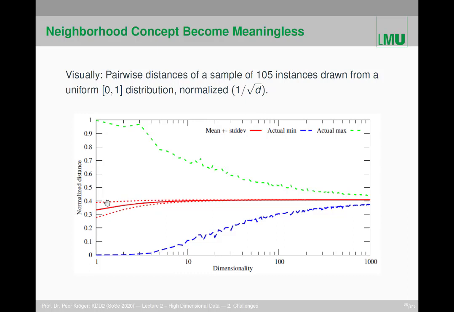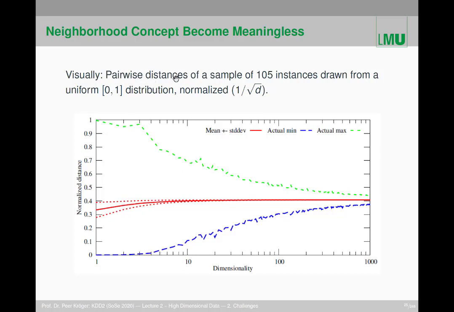We saw that the distances will grow by a factor of square root of d. So if we normalize it by 1 times this one here, it should be constant, which you can see more or less here. The solid red line is the mean, and the dashed line indicates the standard deviation. You see the standard deviation remains more or less constant, and the mean also, because of this normalization.